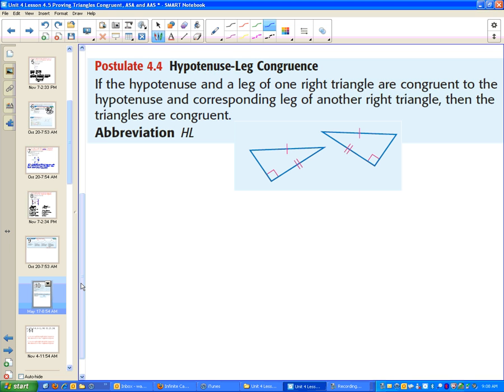But it's the hypotenuse leg theorem. So what's the only kind of triangle that has a hypotenuse? A right triangle. Okay? So if the hypotenuses are congruent, and a pair of corresponding legs are congruent, then the two right triangles are congruent. Hypotenuse. I think it's hypotenuse. We're going to call it hypotenuse.